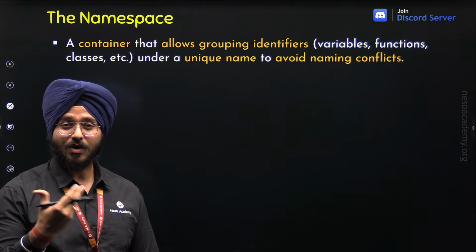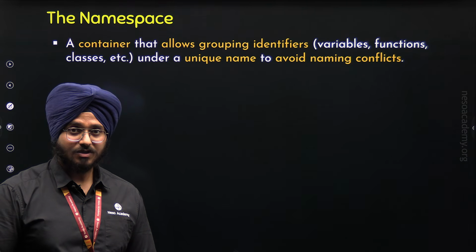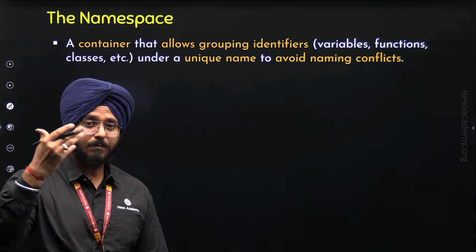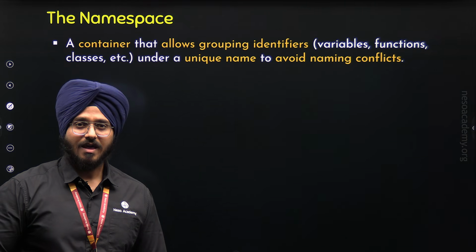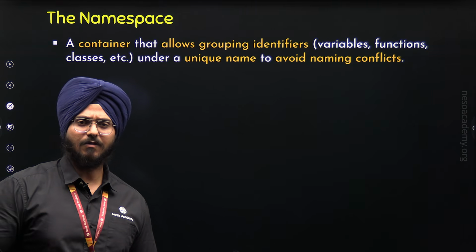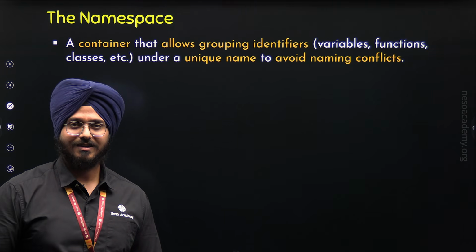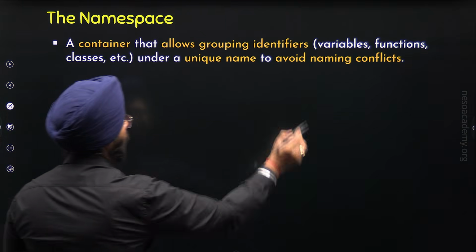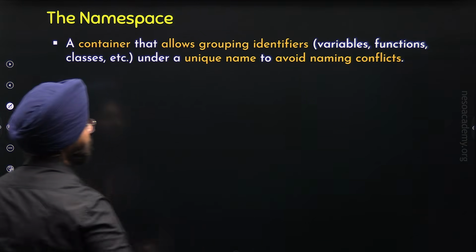Therefore, there will be no naming conflicts because the container name is unique. If we define multiple namespaces, then the names of those namespaces are unique. Therefore, there will be no naming conflict. So, with the help of a namespace, we can avoid naming conflicts.